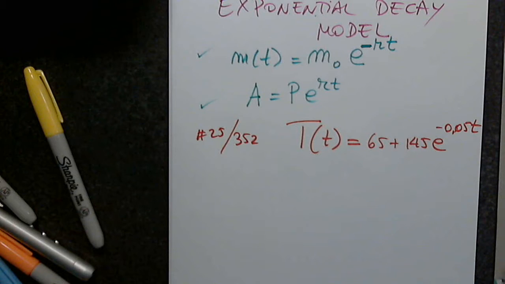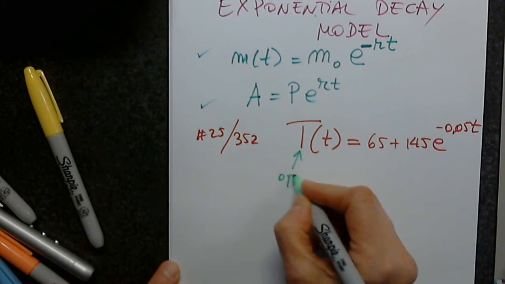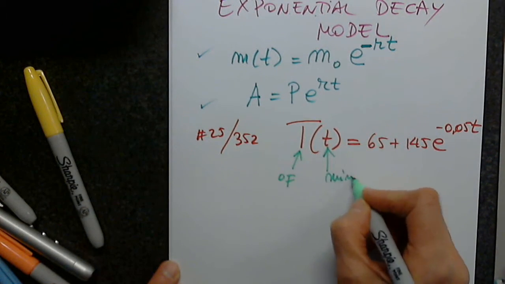I hope you find this easier than, let's say, trig equations. Okay. First question. And by the way, they're all the same idea. They all follow the same pattern. Lowercase t is measured in minutes, and uppercase T is measured in degrees Fahrenheit. So this is in degrees Fahrenheit, and this is in minutes.